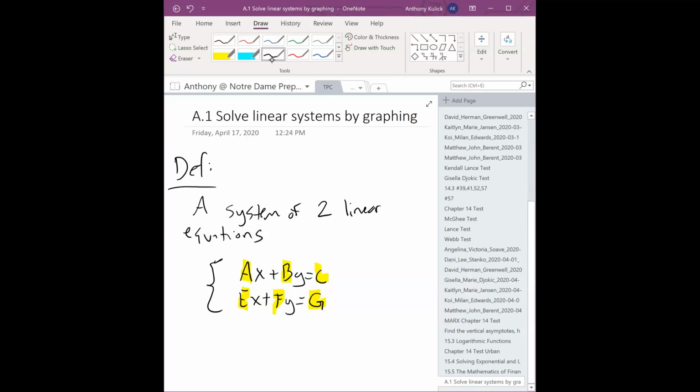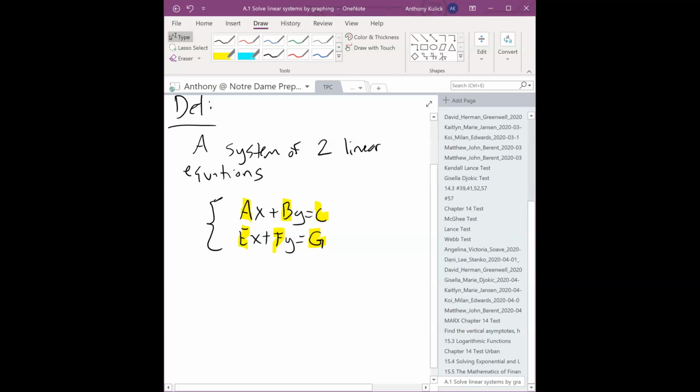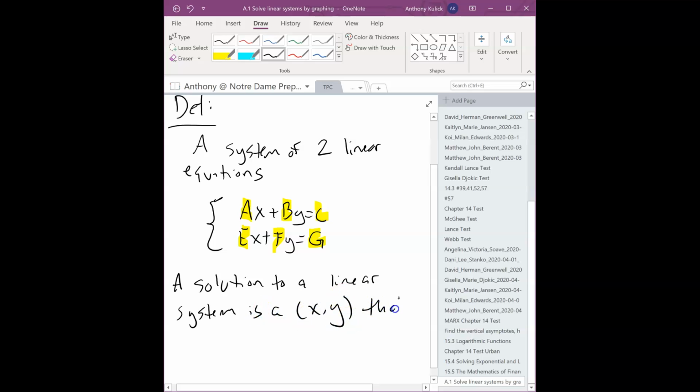So what a solution to this system implies is any pair of x, y that satisfies all the equations, in this case, both of the equations.